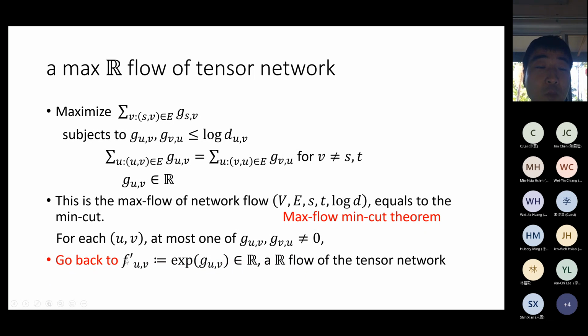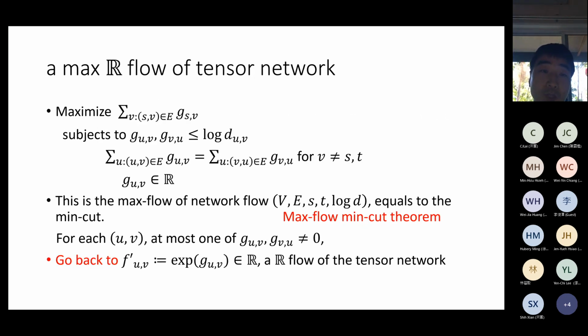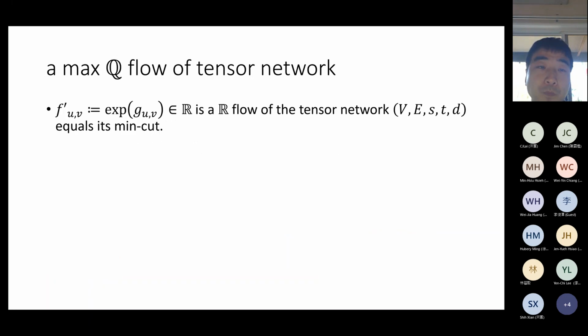Then we can go back and define F prime UV as the exponential of GUV, which is also a positive number. We get a real flow of a quantum tensor network. But this is not the end, because we would actually like to have an integer flow rather than a positive flow.